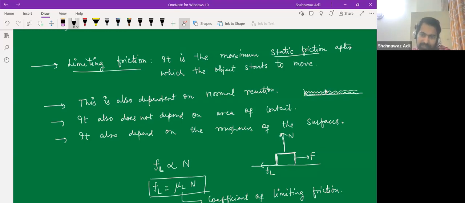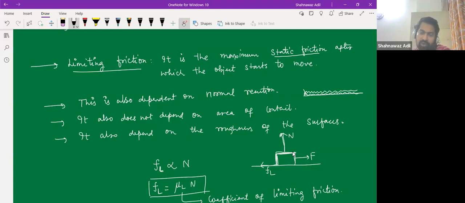Sir, it also depends on the heaviness of the object. Like, if an object is more heavy, will there be more friction? So you see, heavy meaning you have more mass, right? Yes, sir.